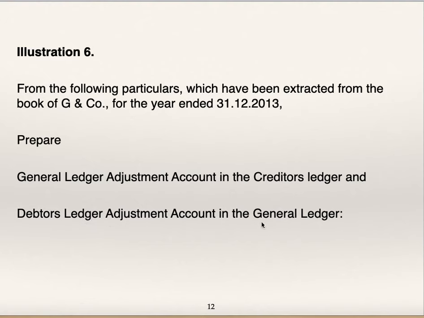Debtors ledger adjustment account in general ledger is a normal account, whereas general ledger adjustment account in creditors ledger is an opposite account. So what you can do is prepare creditors ledger adjustment account in general ledger, and for preparation of general ledger adjustment account in creditors ledger you can post the transactions on the opposite side. So it will be easy for you. We'll just go through the question.